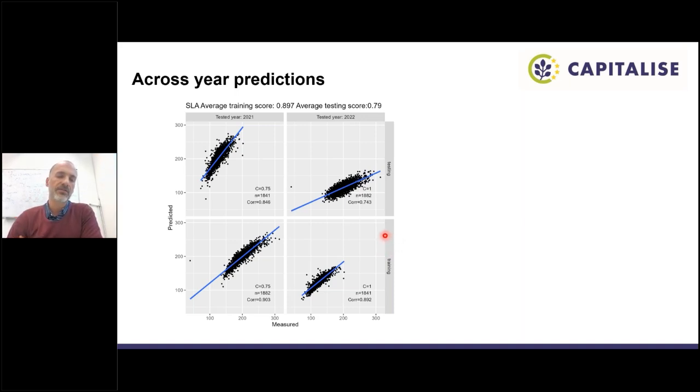And on these graphs, I try to capture simultaneously the training scenario where the model is being trained on data from 2022, and then it's used in prediction of a model diagonally opposite in a testing year, which is 2021.